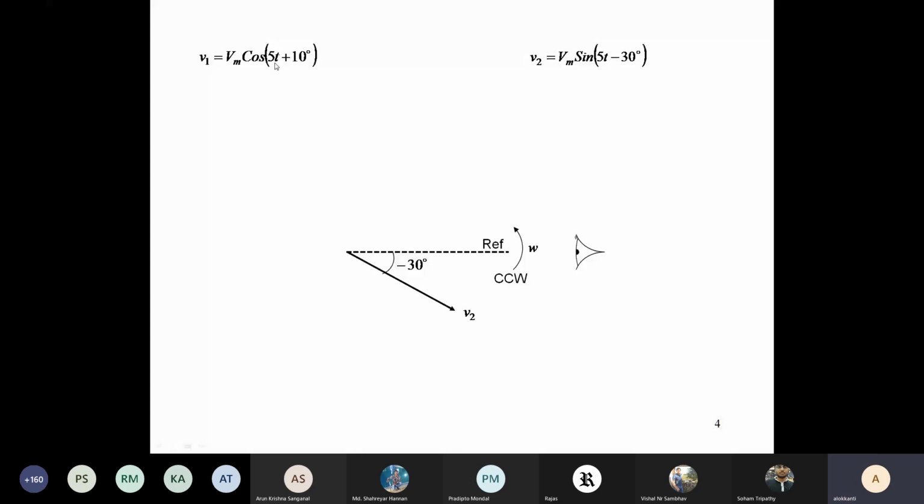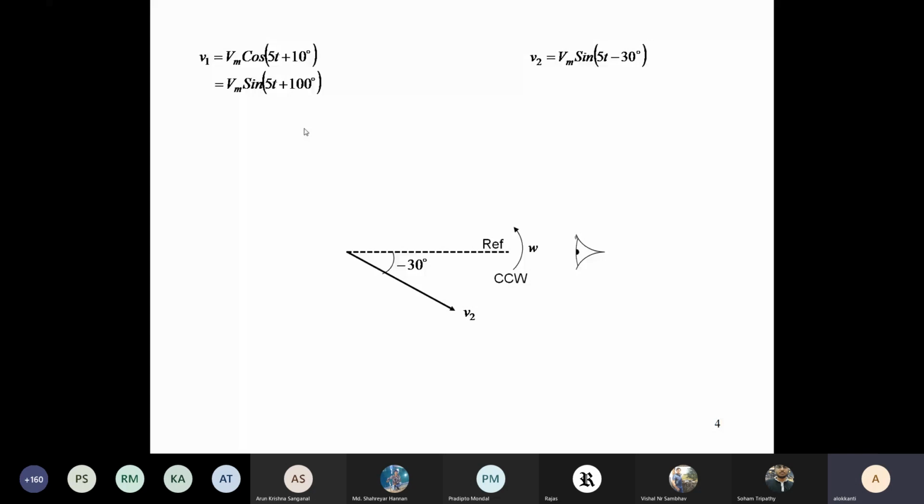Since we have chosen sine, this has to be converted to sine. You all know how to do this. You must have solved several thousand questions on trigonometry. So Vm cos 5t plus 10 degree is equivalent to Vm sin 5t plus 100 degree.